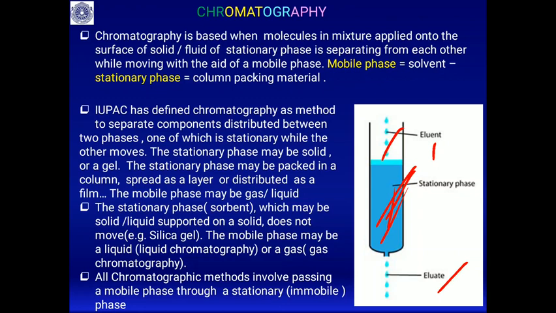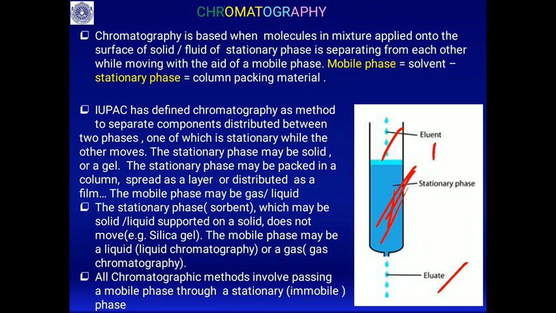The liquid supported on a solid means silica gel, as I said. All chromatographic methods involve passing a mobile phase through a stationary immobile phase. So this is the basic principle of chromatography.